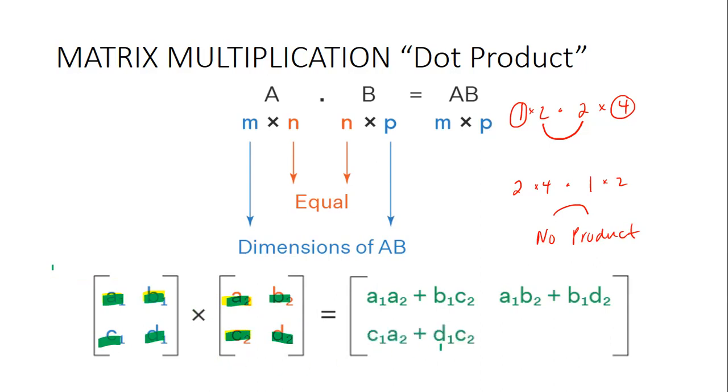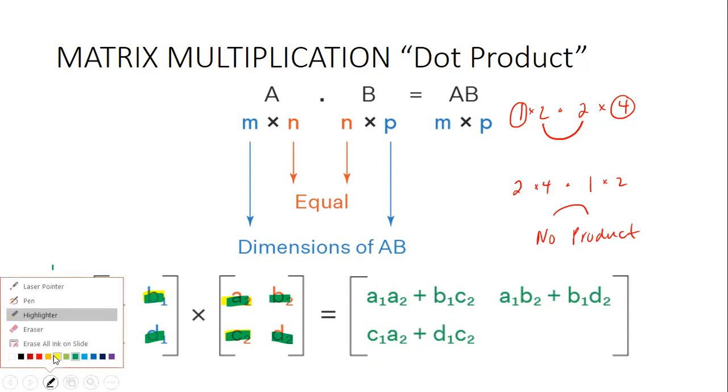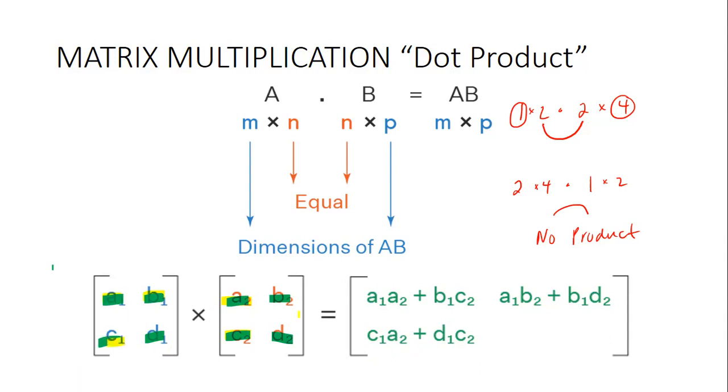That's going to be my third element of my product matrix. And then our last element comes from C1 times B2 plus D1 times D2. The beauty about the highlights is now that you can see that I utilized every element in each matrix the exact same number of times. Do we see that? Yeah.